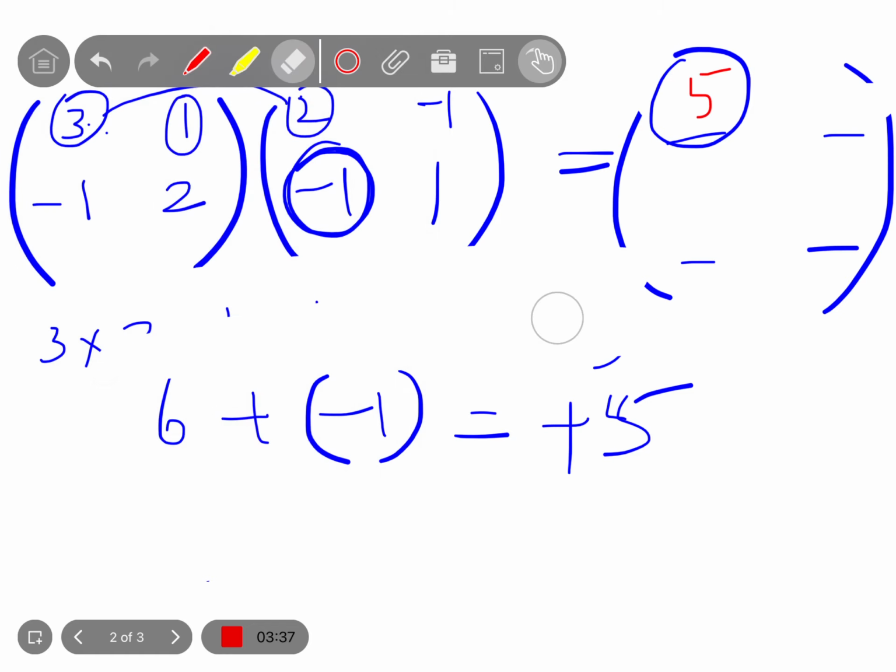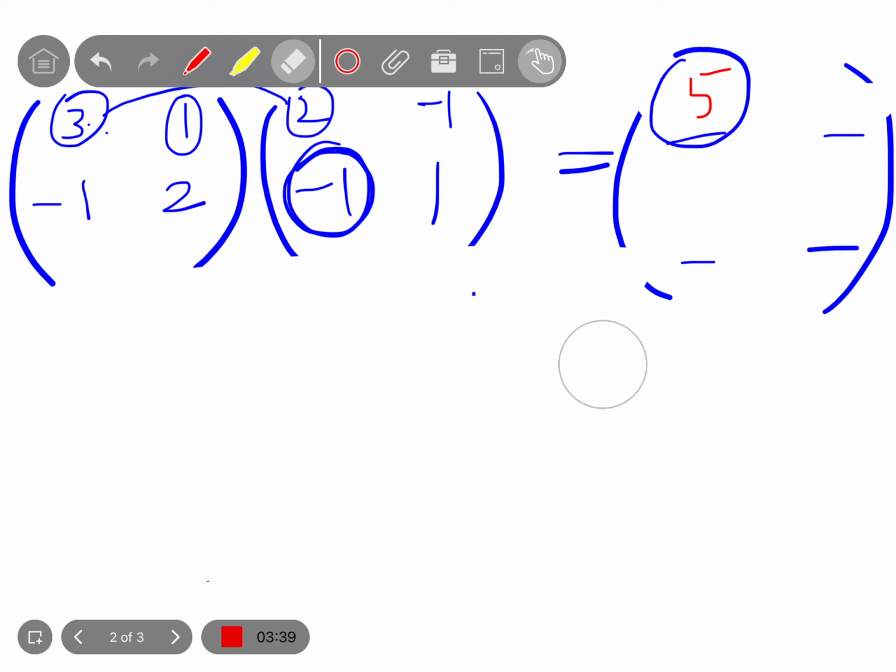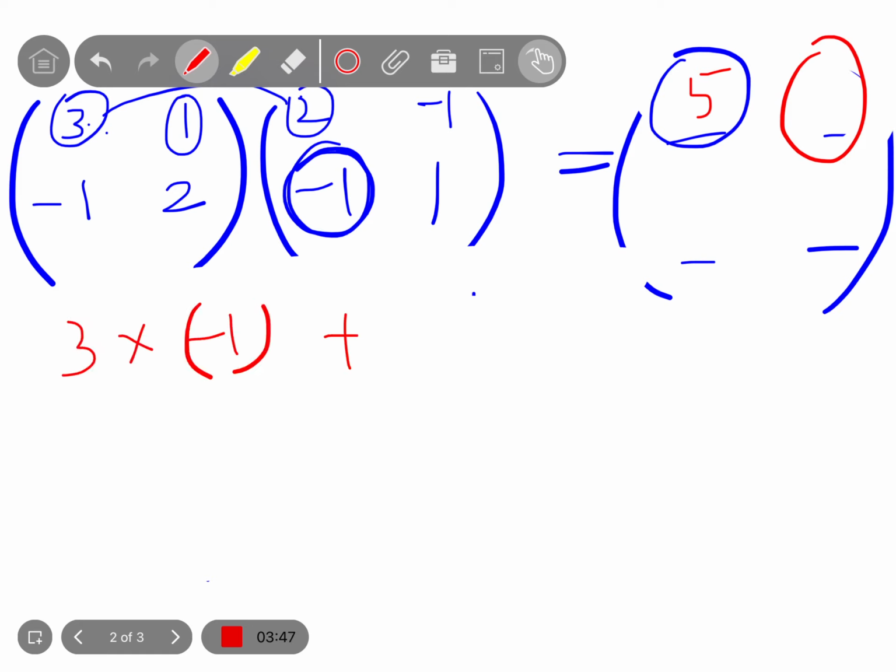Then to take this value over here, we have to multiply 3 by minus 1 plus 1 times 1, and this is minus 3 plus 1, so this should be minus 2.